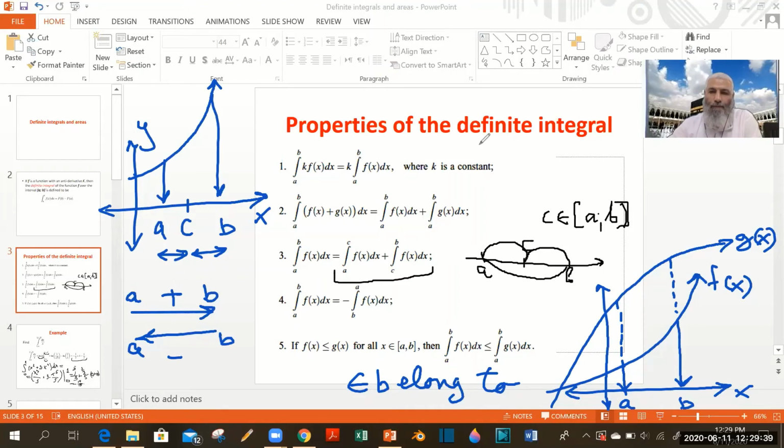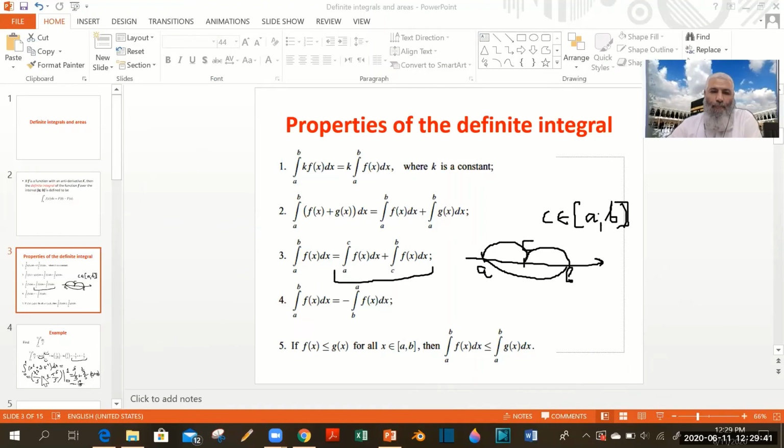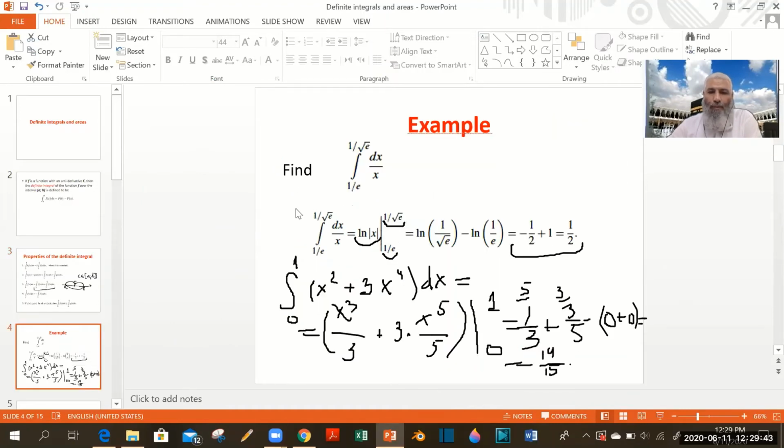Okay? Right. Now we have an example here. Integration of this function from 1 over e till 1 over root e. So what's the integration of 1 over x dx?